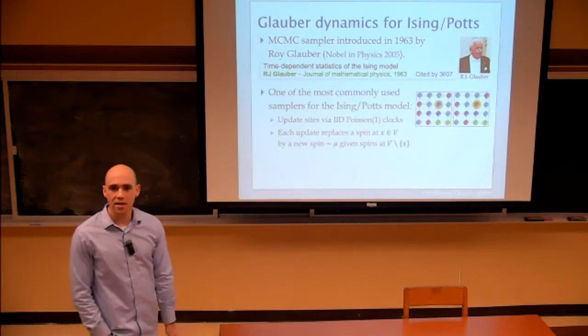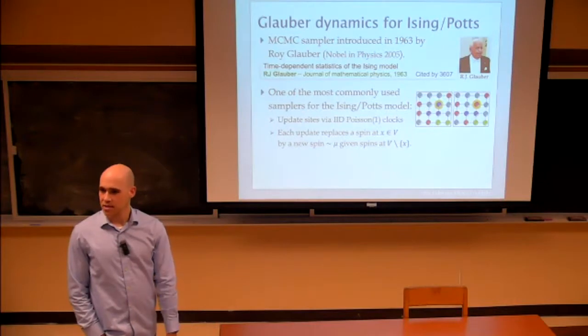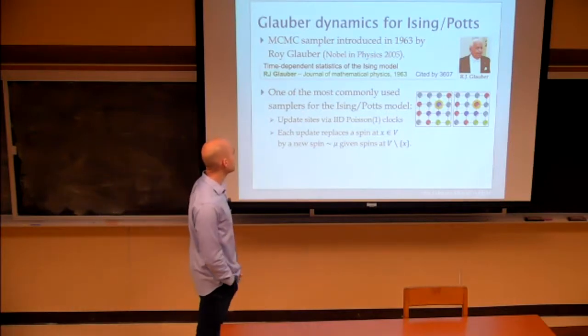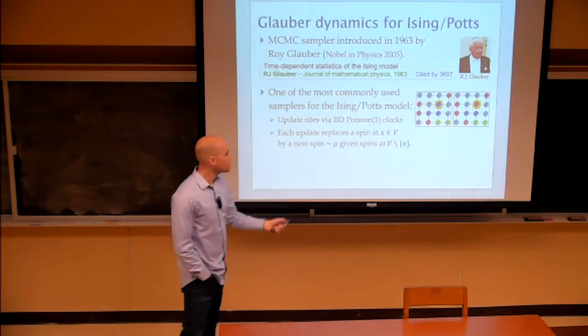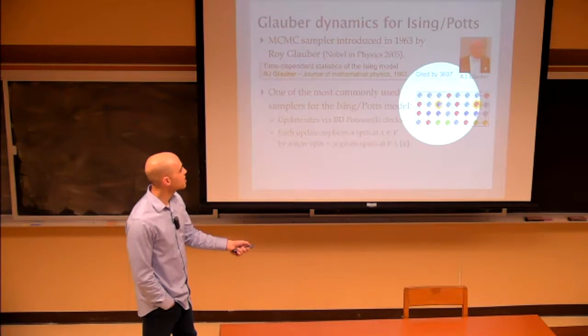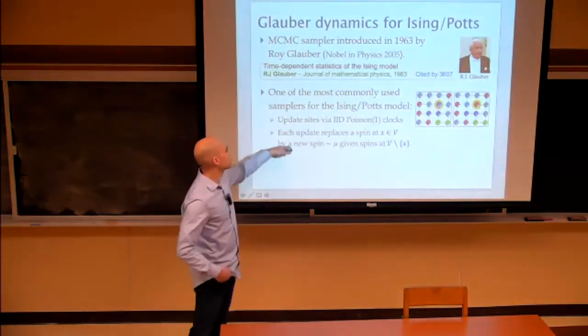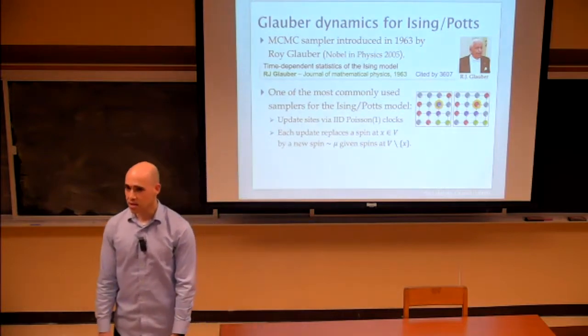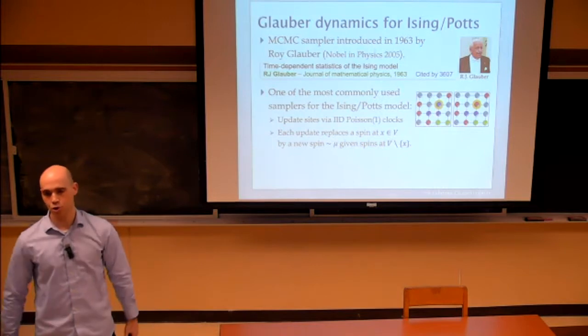So here's how we can simulate these distributions, even if we do not have access to the partition function. We can select a site. Look at this area. We can select this purple site, and then just say that we're going to replace it by a color distributed according to the right distribution.